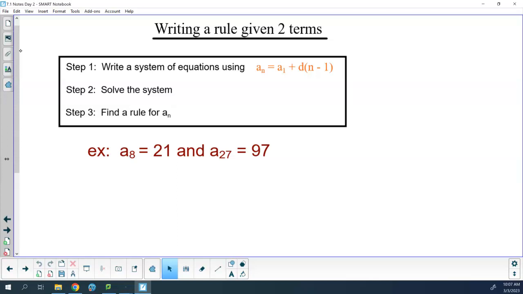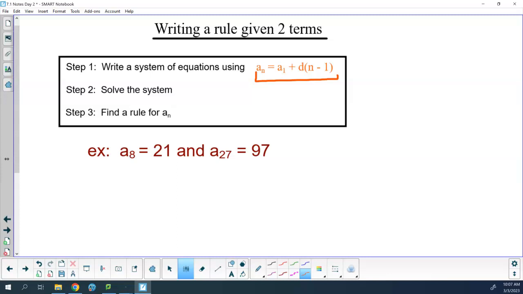When you're given two random terms, you've got to set up a system of equations. We're going to use our rule formula from yesterday twice: once on the first term given, and a second time on the second term.